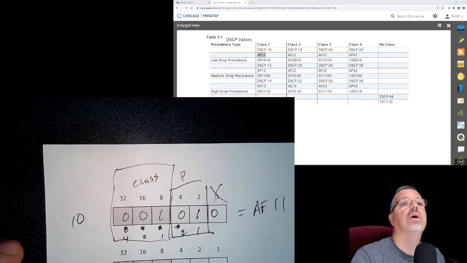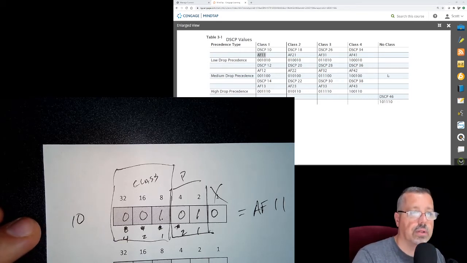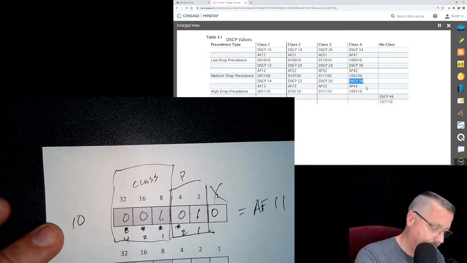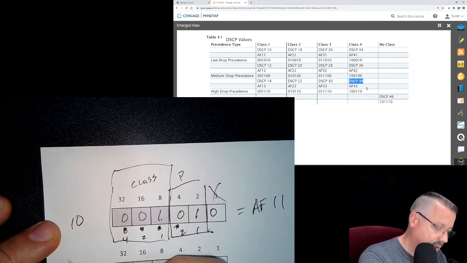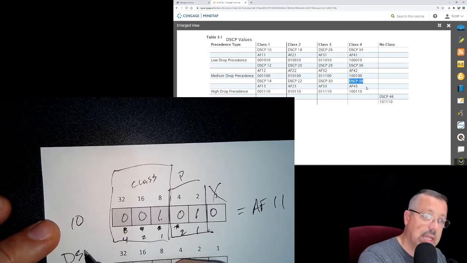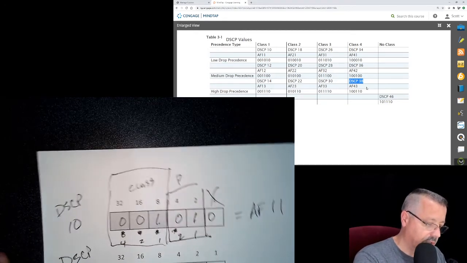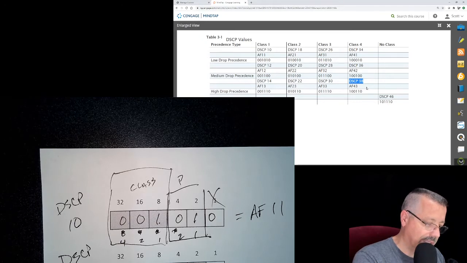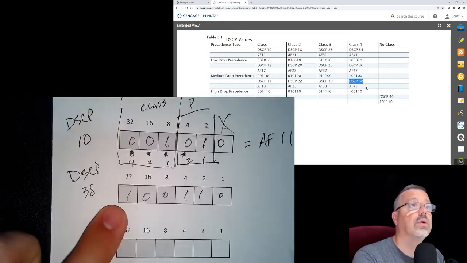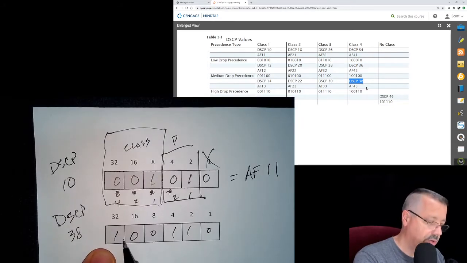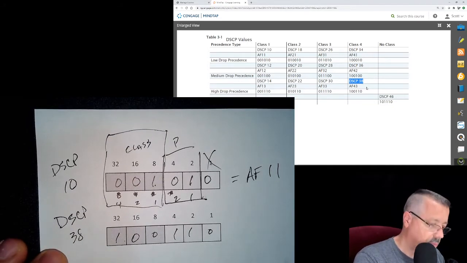Then let's pick something weird like DSCP 38. DSCP is 38. So that would be 32 plus 6.